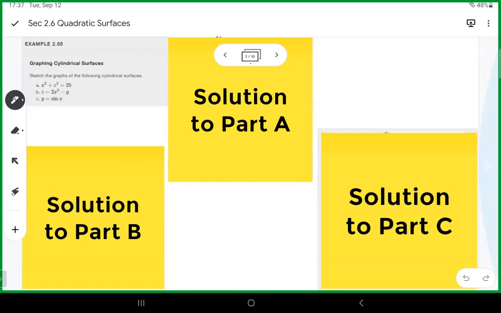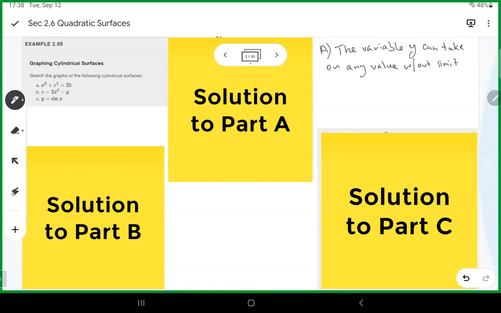So here what you want to realize is that the variable y can take on any value without limit.